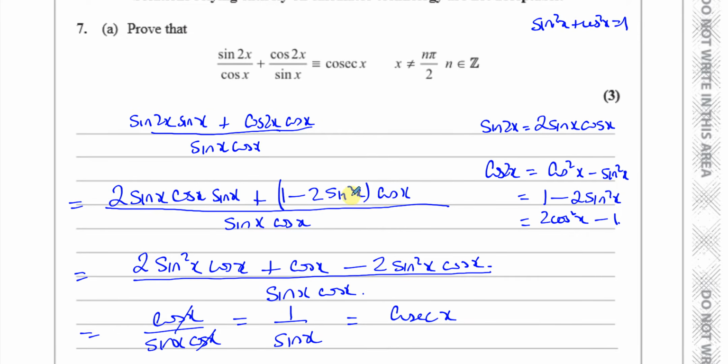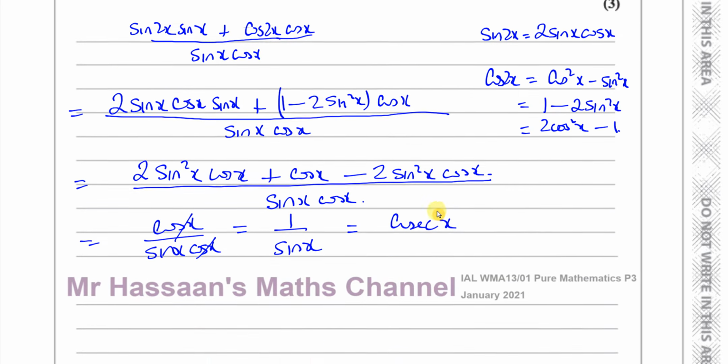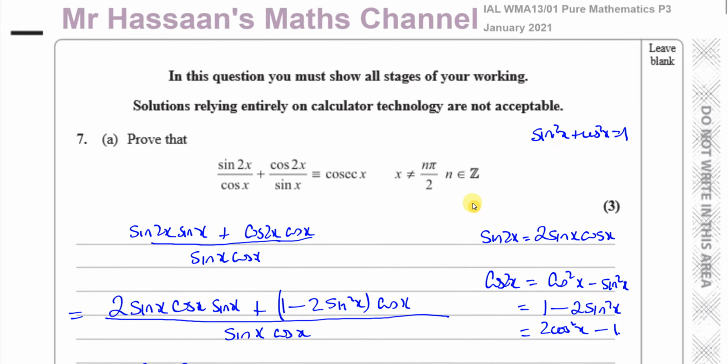We could probably still get to the destination in the end somehow by doing some more modifications later. However, seeing 1 minus 2 sine squared x, that's going to give me minus 2 sine squared x cosine x. I'm going to have 2 sine squared x cosine x. That will help me to get rid of these 2 terms and make it simpler like it's supposed to be at the end. So there we have the answer to 7 part A.